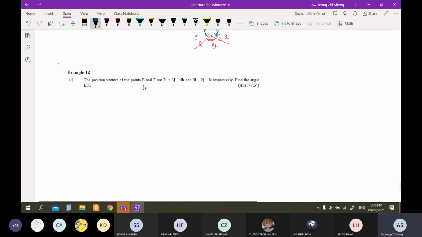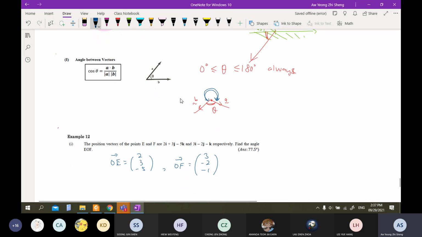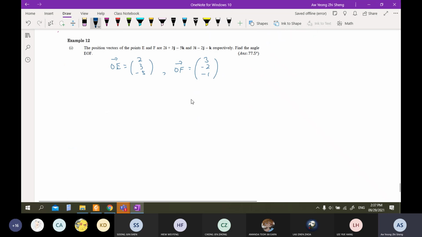The position vectors of E and F. So you are given OE as 2, 3, minus 5, OF as 3, minus 2, minus 1. Find the angle EOF.